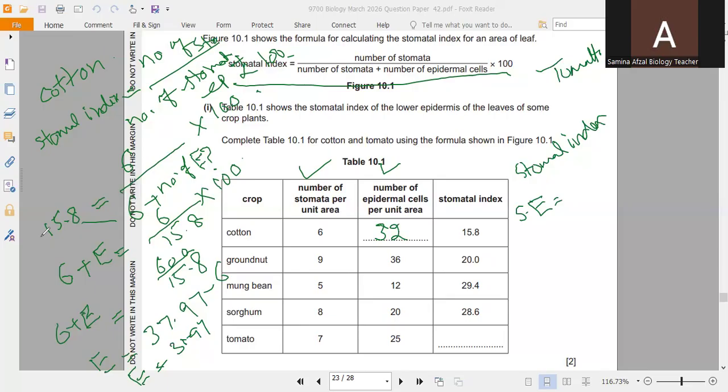The number of stomata is 7, and then number of stomata plus number of epidermal cells, which is 25, multiplied by 100. So it will be 7, and you can use your own calculator.